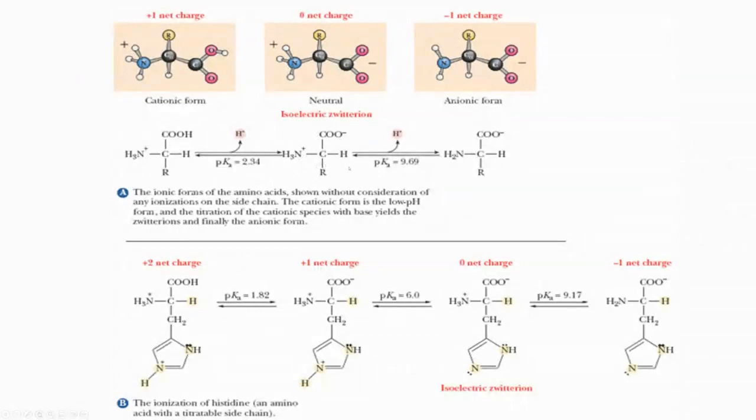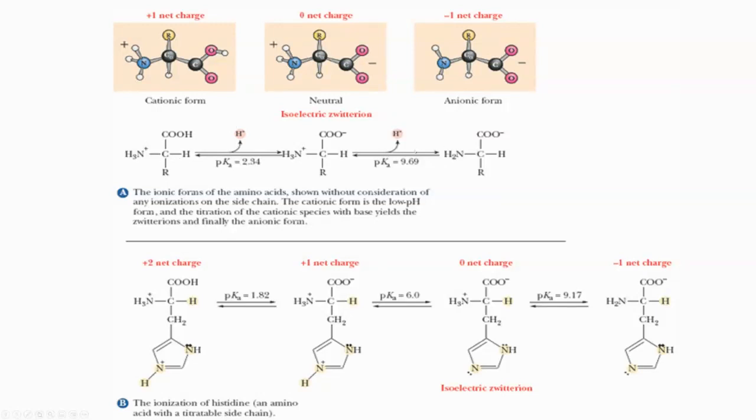You can see in this amino acid, the basic structure is the amino group positive and the carboxyl group negative, so it's neutral. If you go to the left, you obtain a hydrogen for the carboxyl group, which becomes positive.